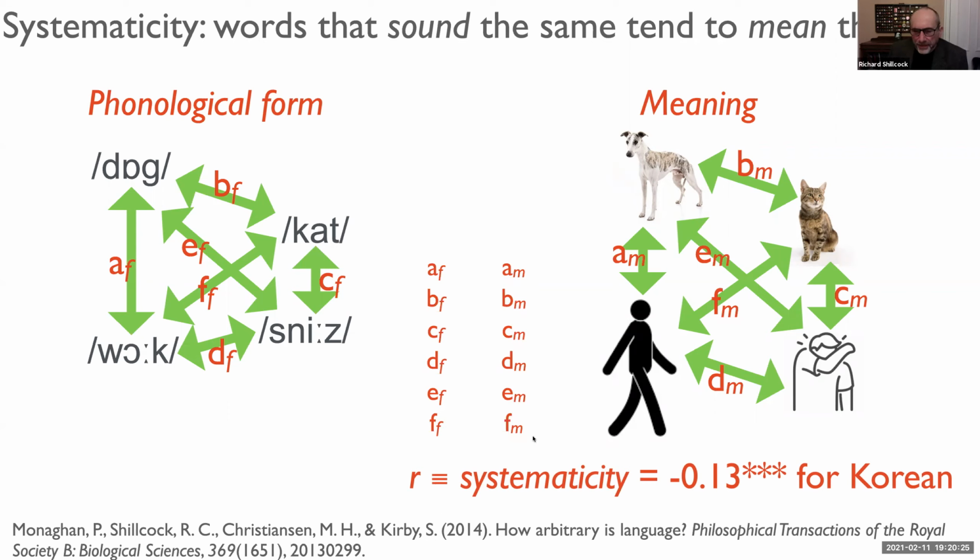Don't be misled by the 0 here. That just refers to one of the technicalities of the measures that we use. So there is a positive kind of a relationship. So words in Korean that sound the same tend to mean the same.